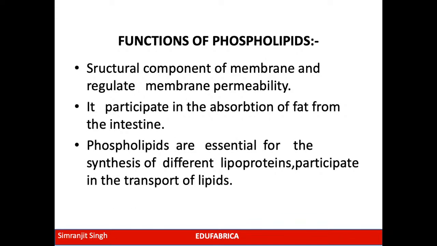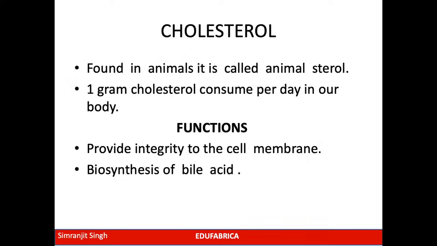So the functions of phospholipids: they are structural components of membrane and regulate the membrane permeability. They participate in the absorption of fat from the intestine, and phospholipids are essential for the synthesis of different lipoproteins and participate in the transport of lipids.